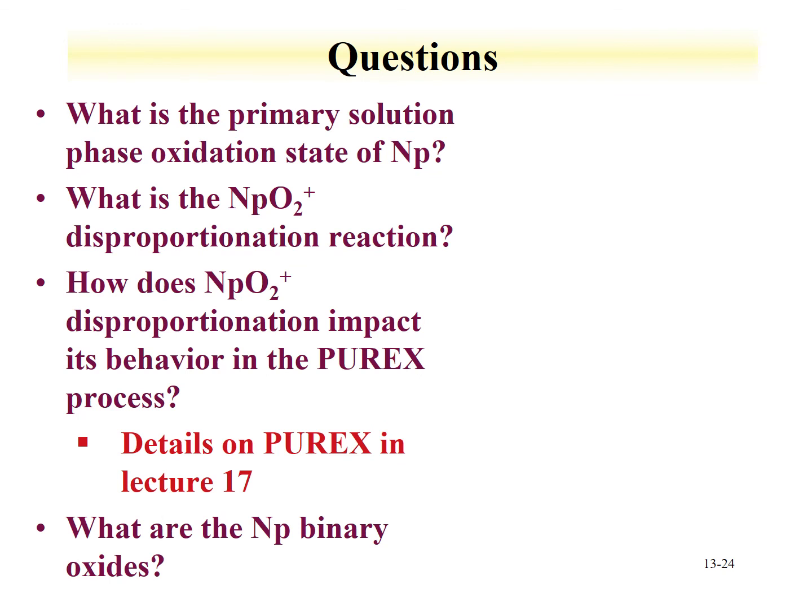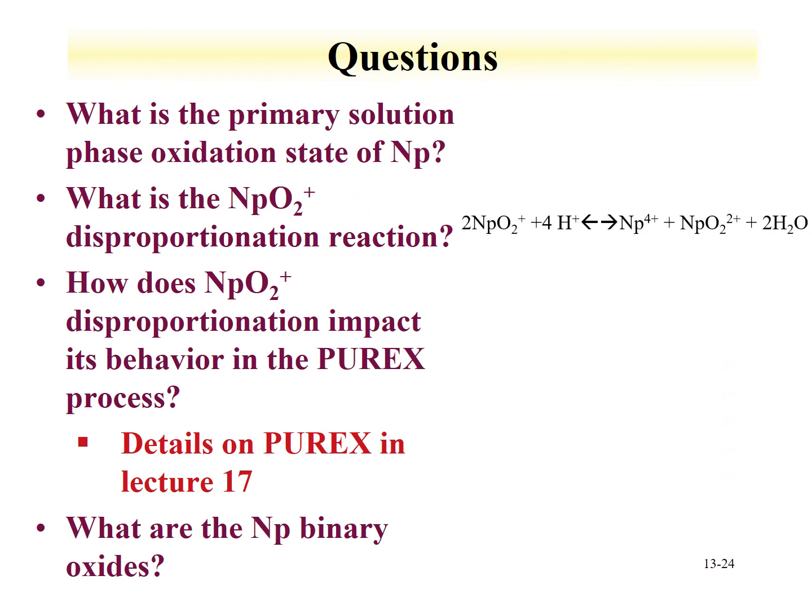Some of the questions you should be able to answer based on this lecture are listed here. What's the primary solution phase oxidation state of neptunium? Neptunium is pentavalent, +5. But that compound is the dioxide neptunyl, as shown here. What is the neptunyl disproportionation reaction of the Neptunium-5?